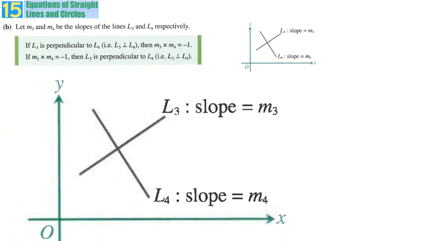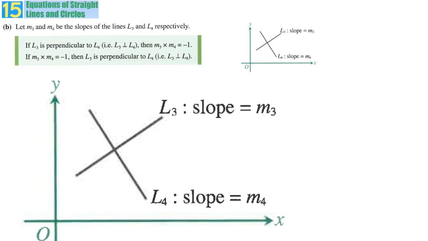It seems like some geometric calculation. We have two lines L3 and L4 which are perpendicular, which means that the angle between these two lines is 90 degrees. And in coordinate geometry, why it is so convenient, why our calculation including calculus is based on rectangular coordinates, is because we just focus on horizontal lines and also vertical lines.